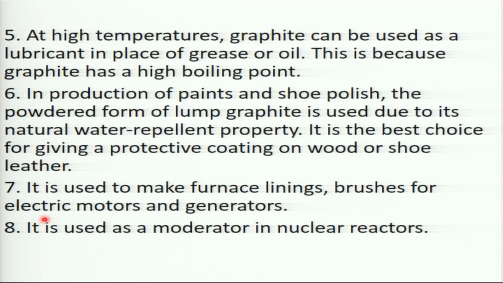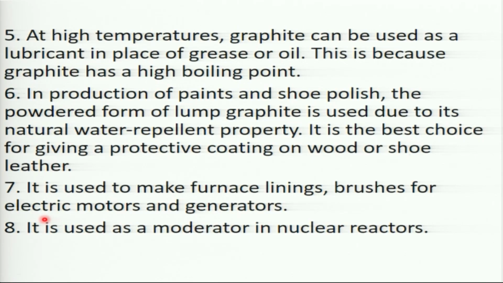Remember we said in the physical properties of graphite that it is glistening, right? So when you apply it in car brakes, and it is at high temperature, it has a high boiling point, so it can work effectively instead of using grease or oil.